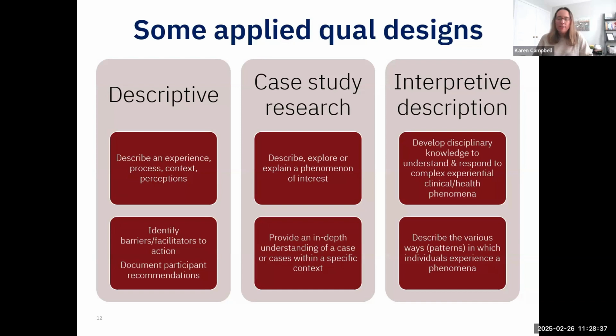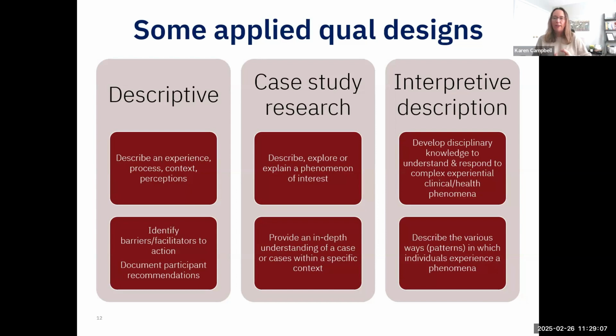Interpretive description is another methodology. I'm completely biased. This is absolutely my favorite, perhaps because I'm a nurse. And this looks specifically at disciplinary knowledge. So it is by a nurse, Sally Thorne, who really wanted to look at how do we pull from these big traditions, which she was trained in, and how do we do really good research that is applied to what we're doing.